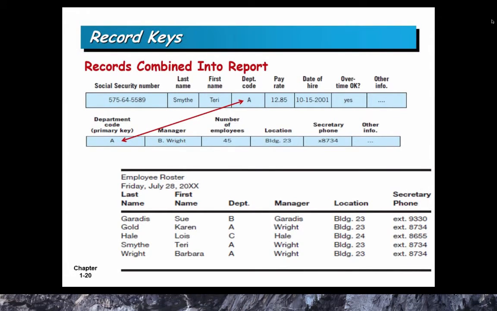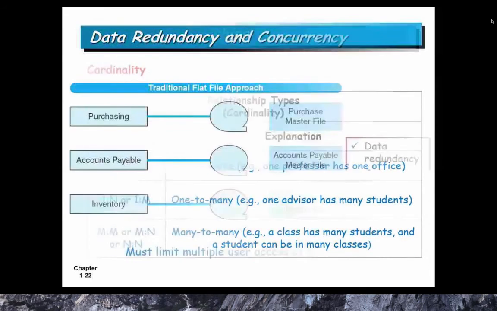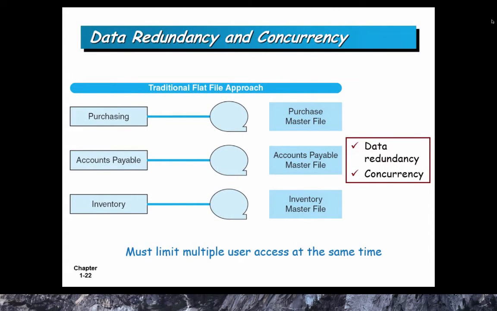It would be bad design to repeat all of this information here. Because if they change department A, they fire one manager and bring somebody else in, you have to change every single one of these records. So the only time you have redundant data is just as a pointer to this information, so that you don't have to worry about getting your data out of sync. Because redundancy creates the risk of data inconsistencies.